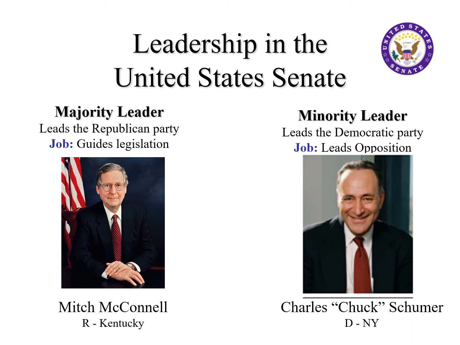The minority leader of the Senate, so probably the second most powerful person in the Senate, is a guy named Chuck Schumer. He is a Democrat from New York. And he leads the Democratic Party and the opposition.